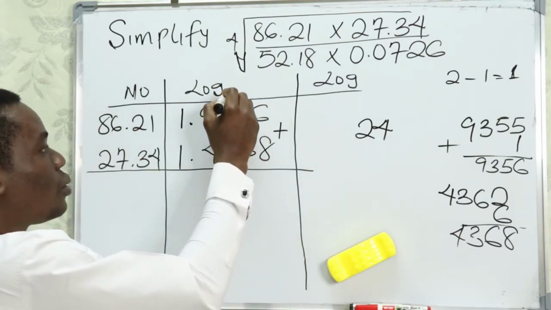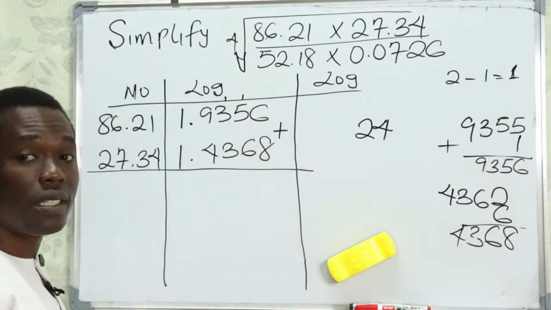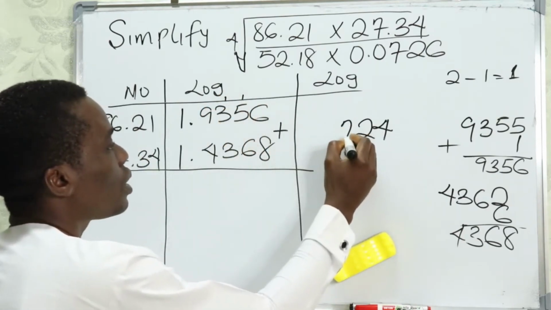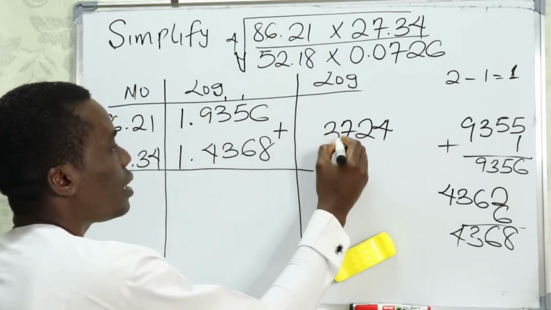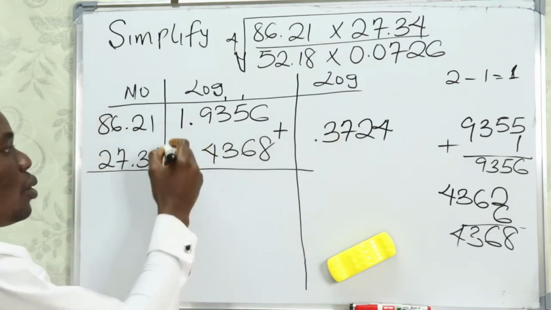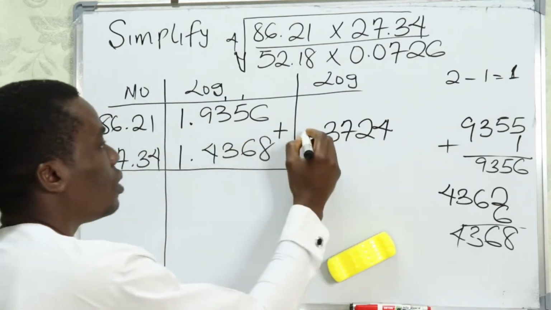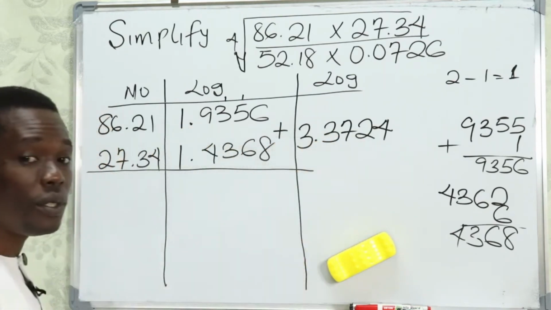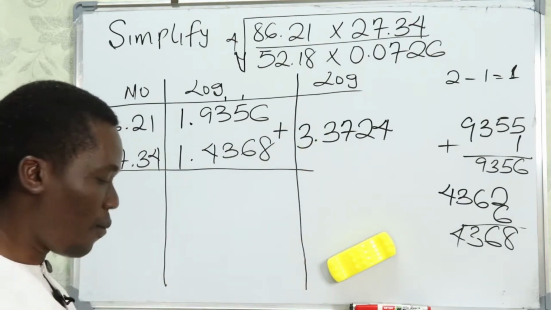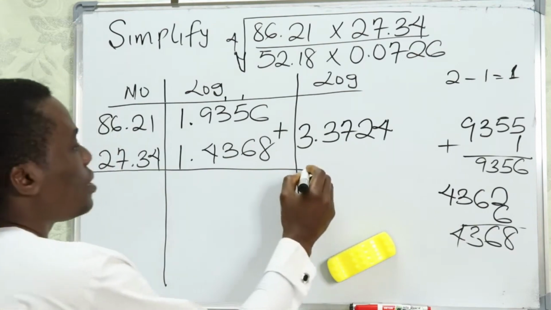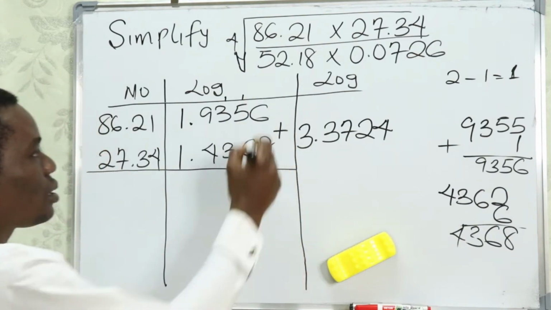We'll carry over 1. 3 plus 3 is 6, plus 1 gives us 7. 9 plus 4 will give us 13, we'll write 3. 2 plus 2 is 2, plus that 1 makes 3. So our result is going to be 3.3724. Fine. Now that is the result of these two values.